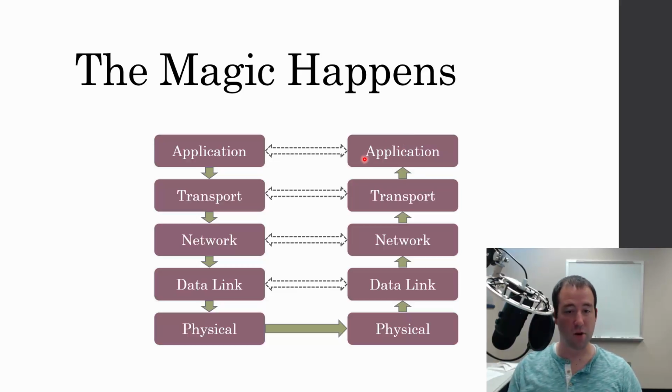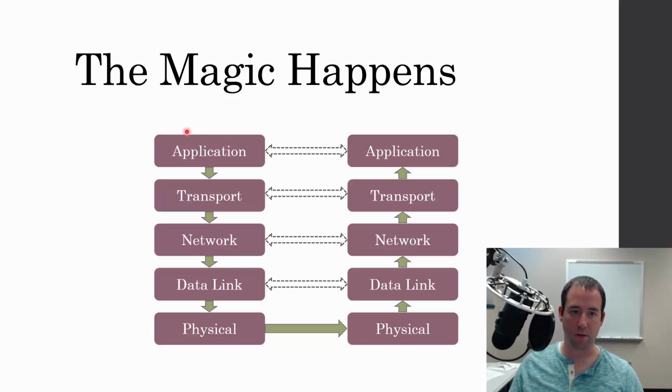Now the trick here is that actual communication is really only happening on these arrows between these devices. This is the physical passing of information between layers. However, we do have virtual communication happening from one application layer to another.